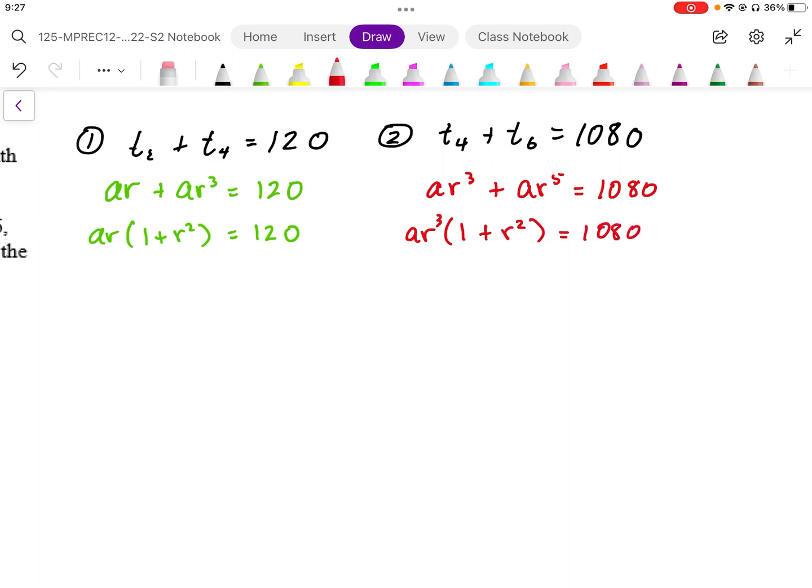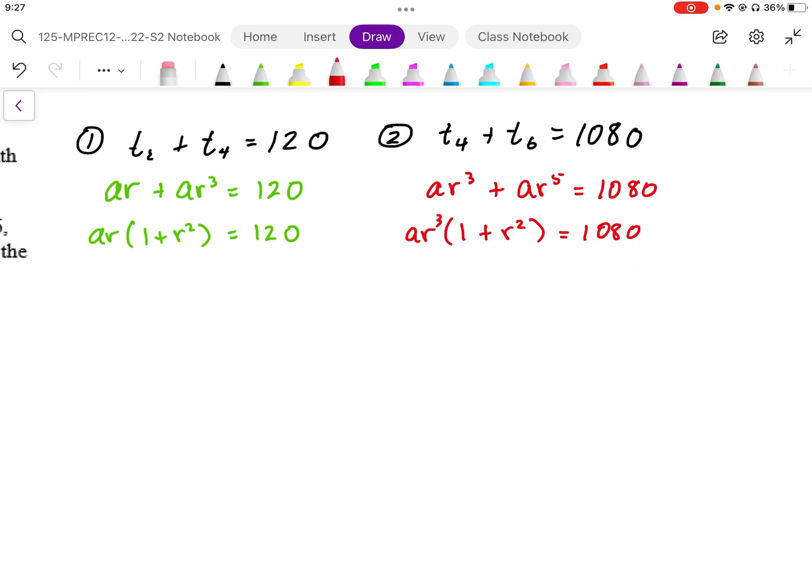Now this is nice because the binomials match in both cases. So we're going to be able to cancel out this binomial either by substitution, or I'm going to do this in terms of division. So what I'm going to do is divide these two equations.